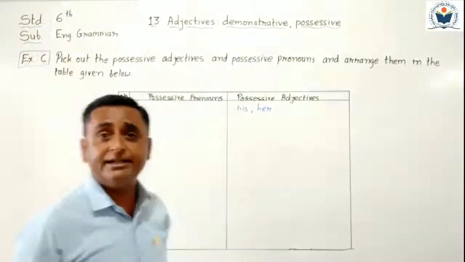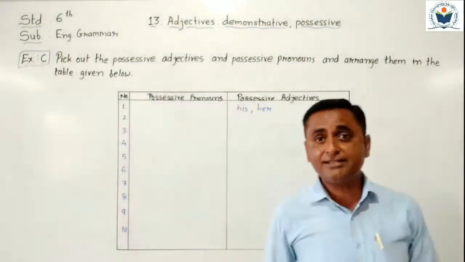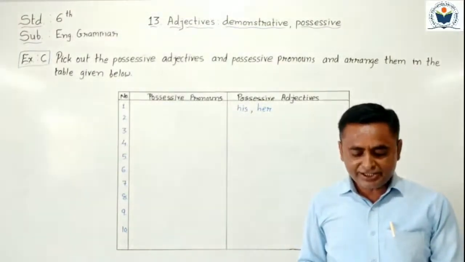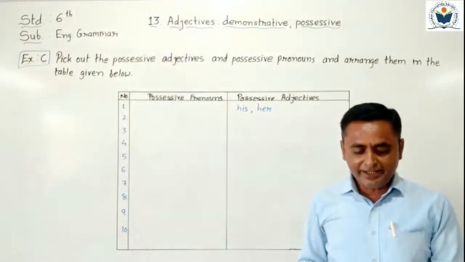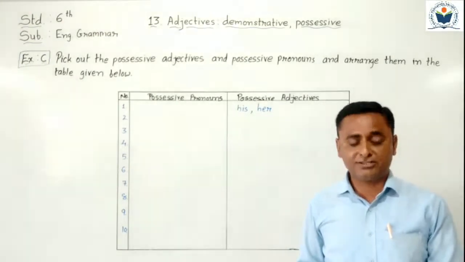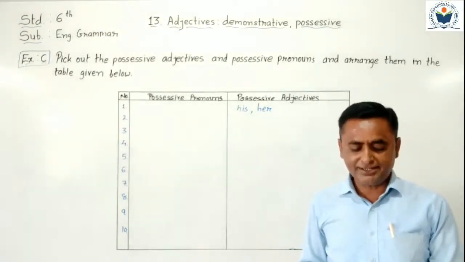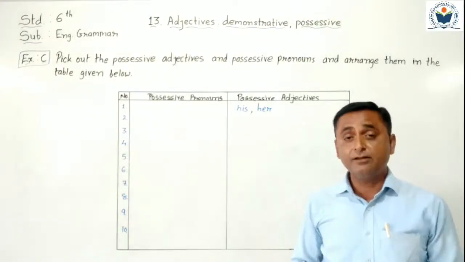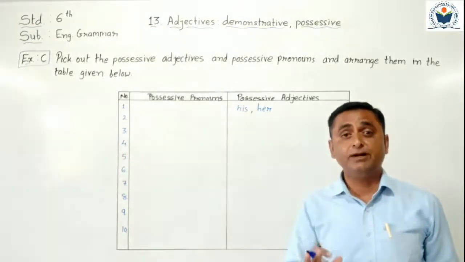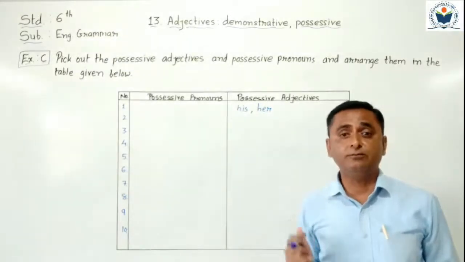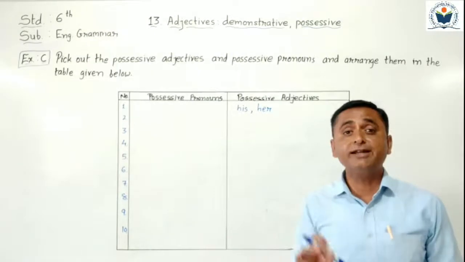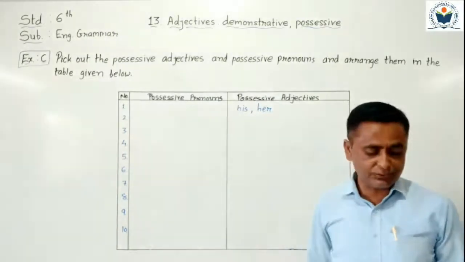Now the second sentence we have to see. The second sentence is: your inheritance is still entangled in legal procedure. Which is the possessive adjective or pronoun? From that sentence we have to find out. Here see, students, in your inheritance, the word your is used.